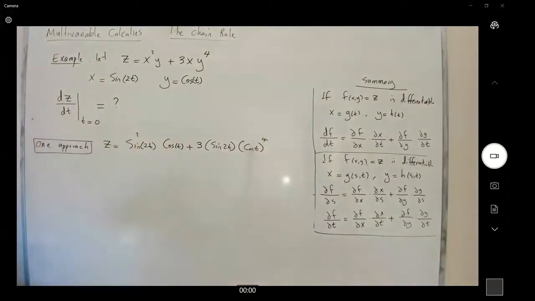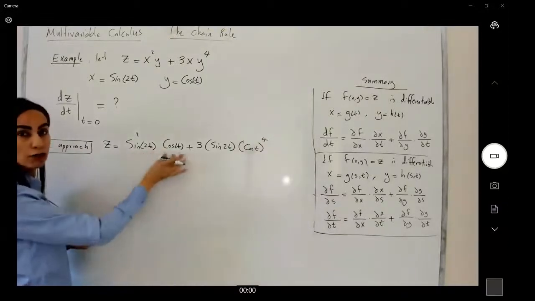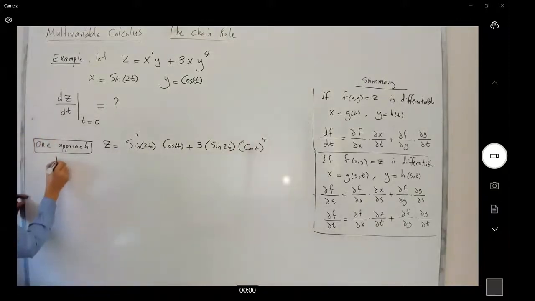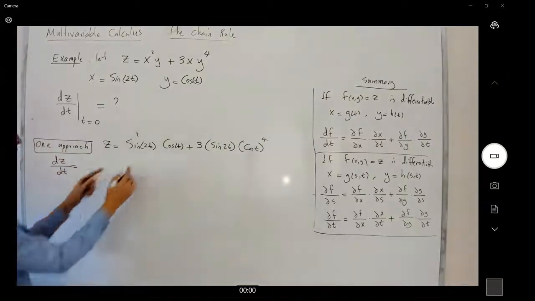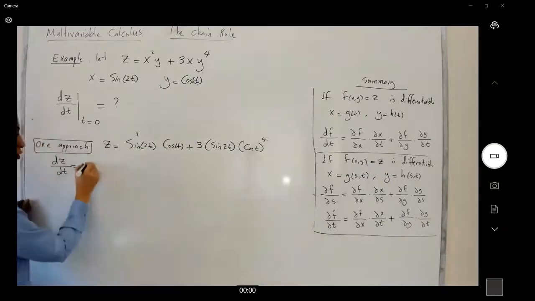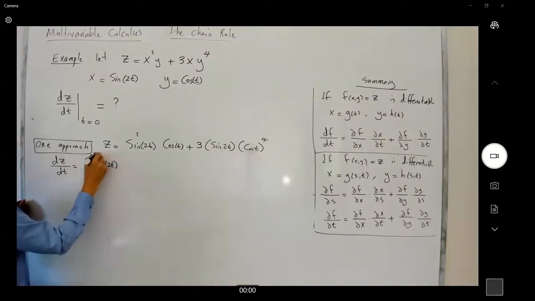Now we start taking the derivative with respect to t. So remember that here you have the product of two functions. You have to apply the product rule. dz/dt is equal to: first we take the derivative of sine squared 2t, which is 2 sine 2t. This is 2 minus 1, so we subtract 1.